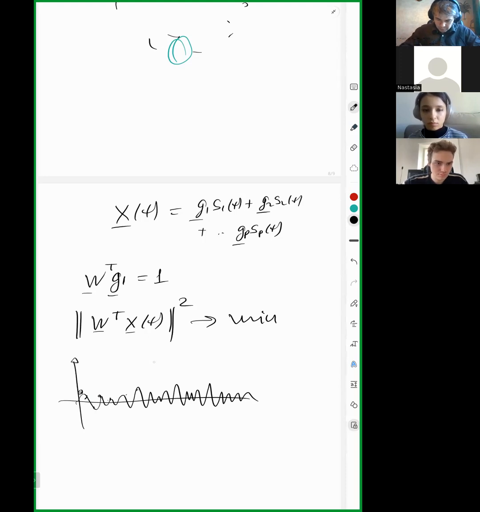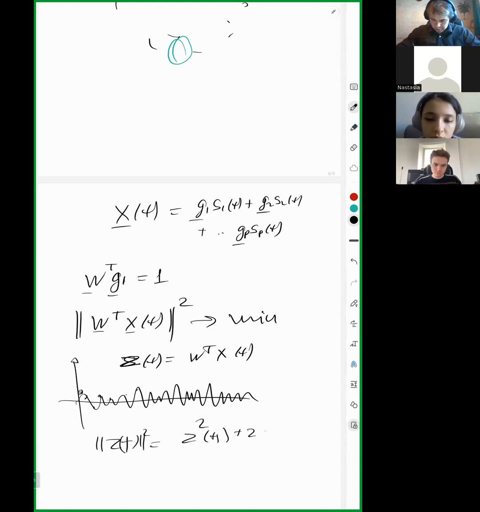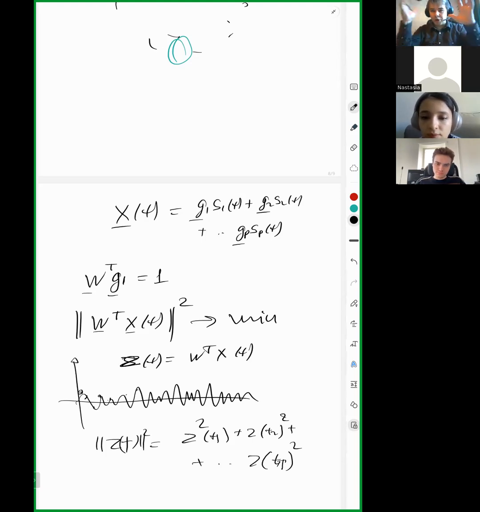Because you can say that Z of T is equal to W transpose X of T, and then the sum of squares, the norm, is basically Z of T1 squared plus Z of T2 squared, and so on, up to Z of T capital squared. So basically you say, I want to minimize the power at the output of my beamformer.